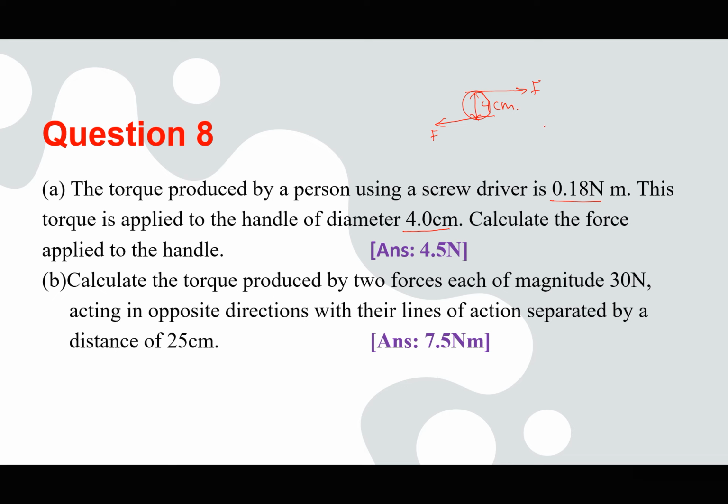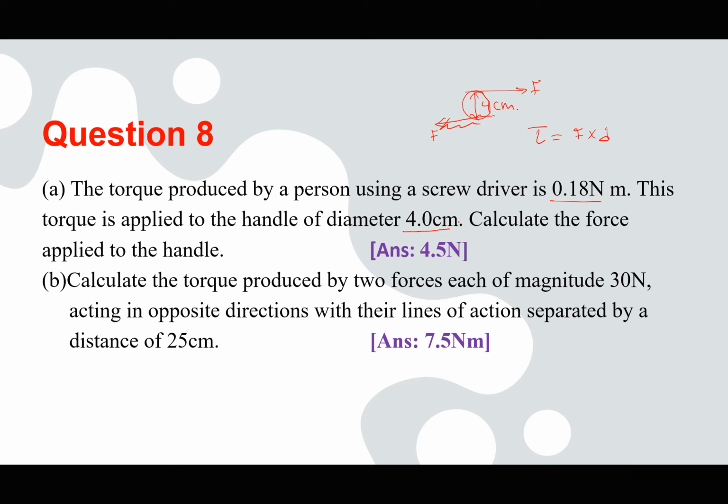So we know that the torque, because this is a couple, produced by a person using a screwdriver is this. So torque is equal to the product of force times the perpendicular distance. They say this torque is applied to the handle of diameter 4 centimeters.